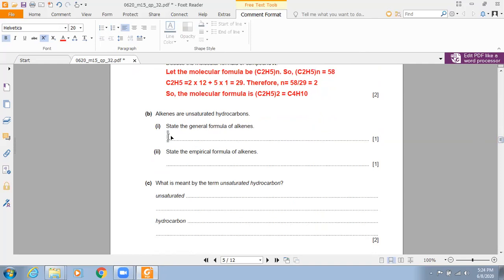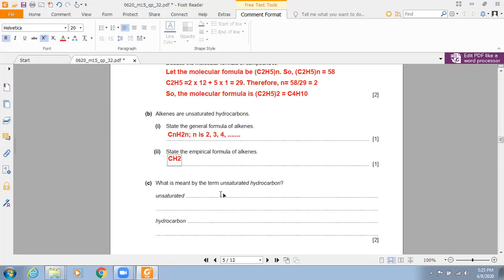Here n is 2, 3, 4, and so on, like this, right? So CnH2n. But what will be the empirical formula? Empirical formula for all the alkenes will be CH2.